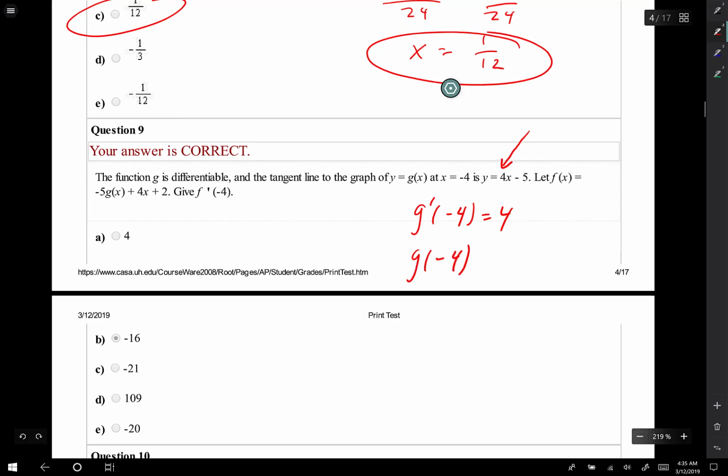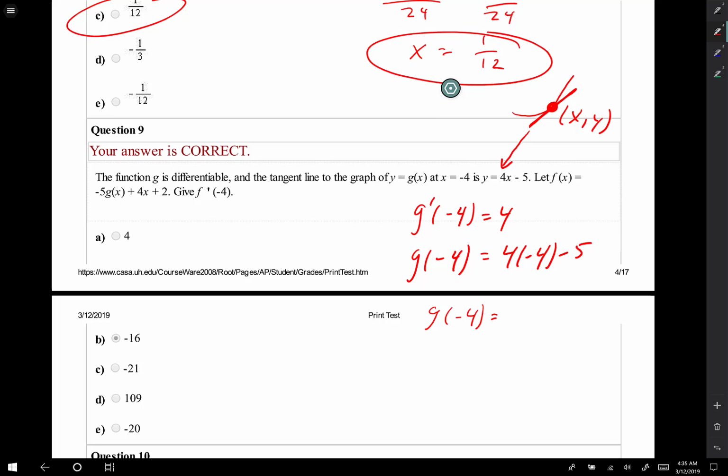Remember, every time you have a tangent line to a curve, that x comma y point, they share that point. The tangent and the curve share that coordinate. So if this is my tangent line, plug in a negative 4, and that will be your y value. 4 times negative 4 minus 5. I hope that made sense to you guys. If it didn't, rewind it and see what I just said.